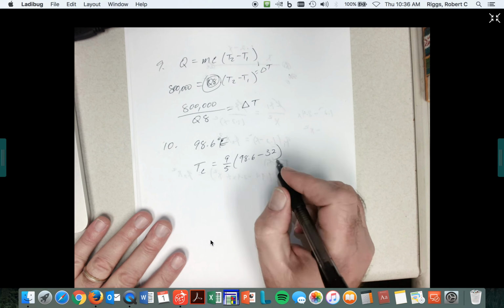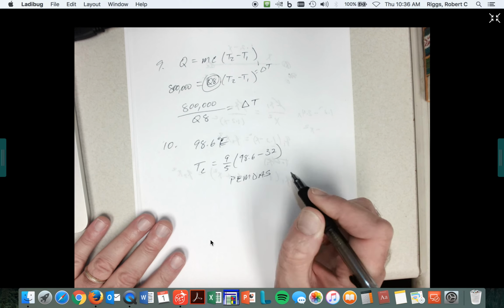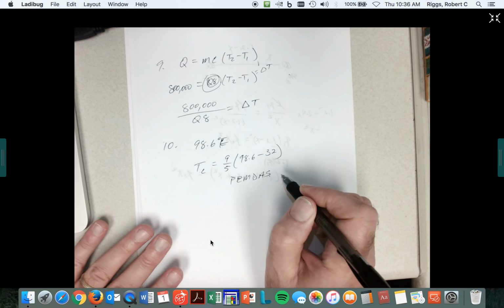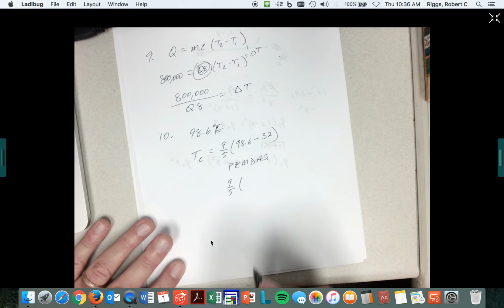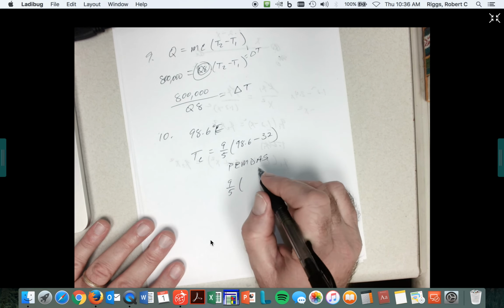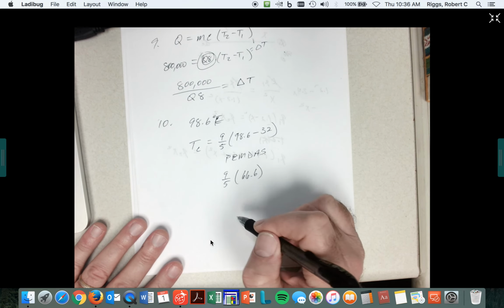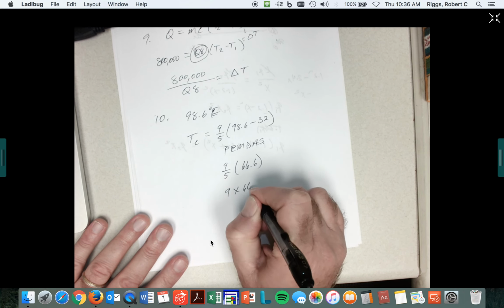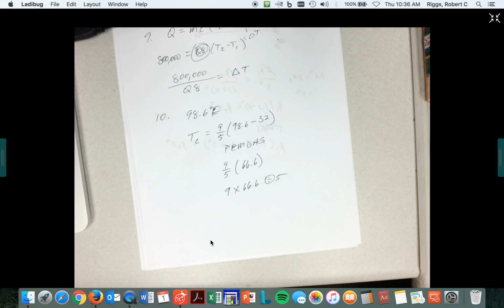No. Remember PEMDAS? Please excuse my dear Aunt Sally: parentheses, exponents, multiplication, division, addition, and subtraction. Let's do the work in the parentheses first. 98.6 minus 32 gives me 66.6, right? Now, to do 9/5 on your calculator, you take 9 times 66.6 and then divide by 5. That should give you your answer for 10.